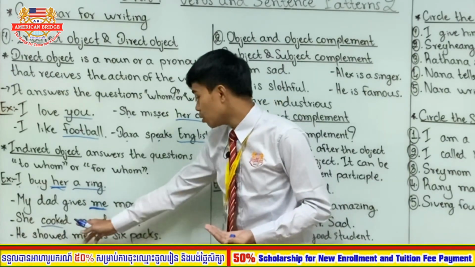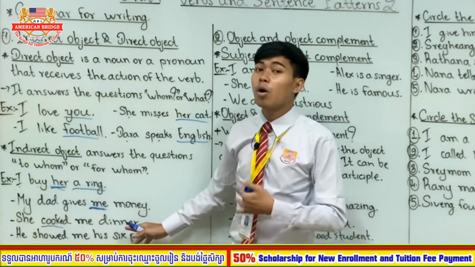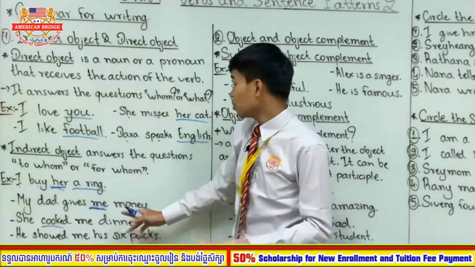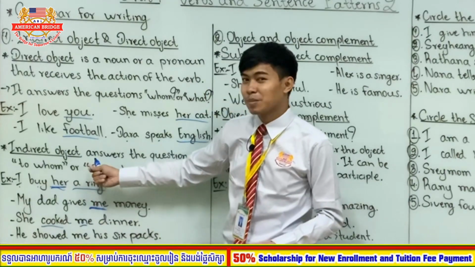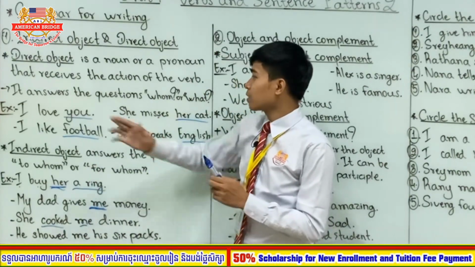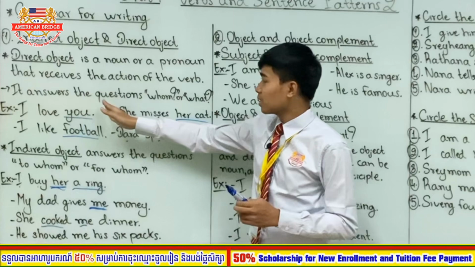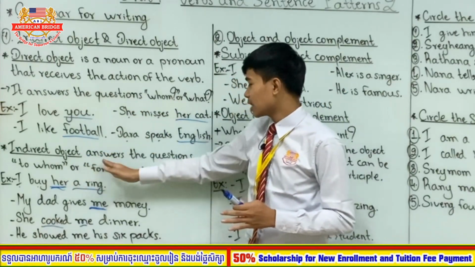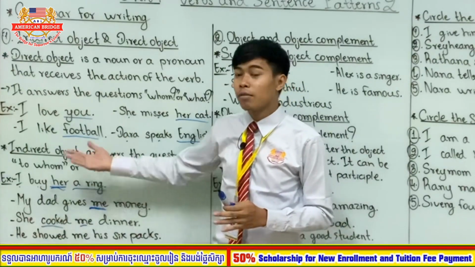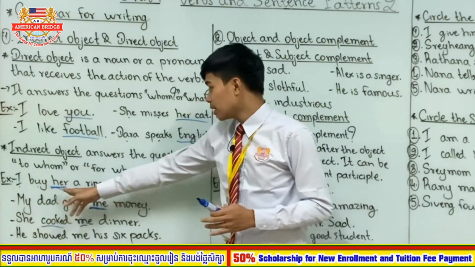And here, she cooked dinner. Cooked for whom? Cooked for me. So me here is an indirect object, right? So you just remember that direct object answers the question whom or what, and indirect object answers the question to whom or for whom. I buy a ring.